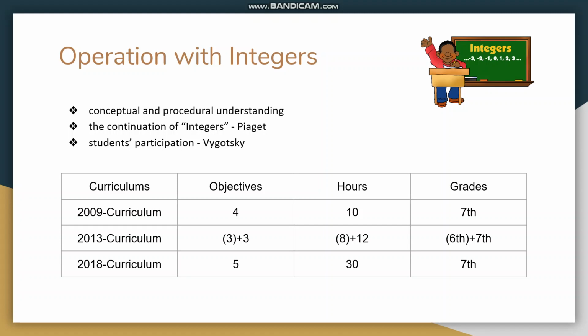Although the objectives of 2018 and 2013 curriculums look similar, there is a difference between them. It is that addition and subtraction are taught in the 6th grade. In the 2009 curriculum, the objectives focus on making calculations rather than understanding the concepts. Besides, students play a more passive role. In the table, you can see the distribution of the subject according to years of the curriculum.